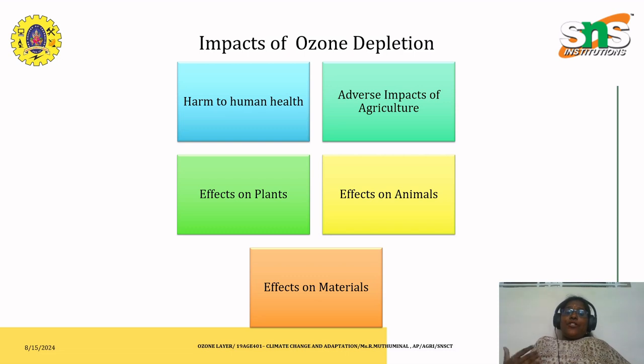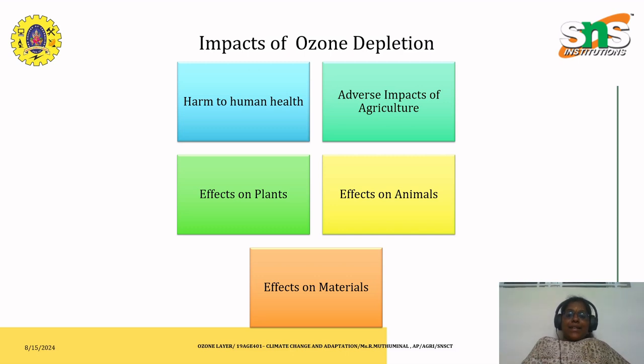So, when that UV radiation is not absorbed, and the UVB group comes directly and reaches the human skin, it will create radiation damage to the skin, and also it will lead to serious deterioration in the eyes, skin, and the immune system. Due to the effect of UV radiation, it will also lead to skin cancers. This is the harm that could happen to human health if the ozone is depleted.